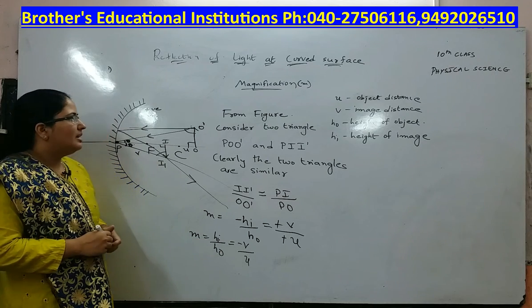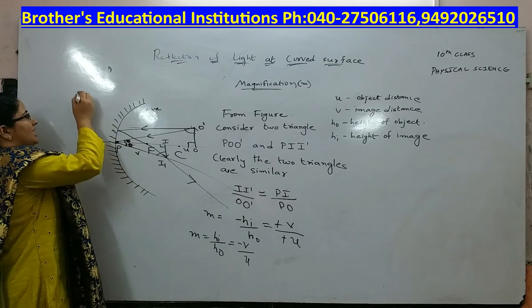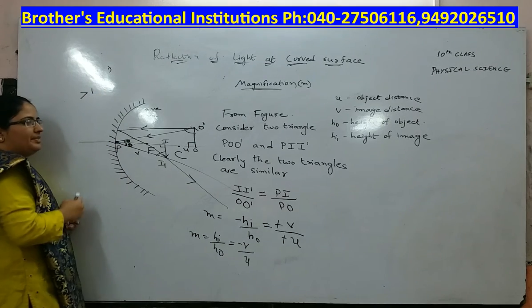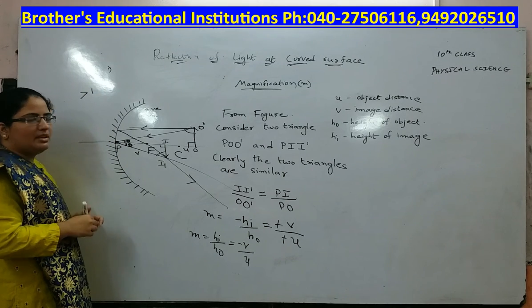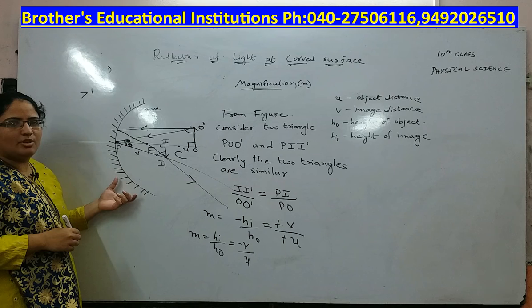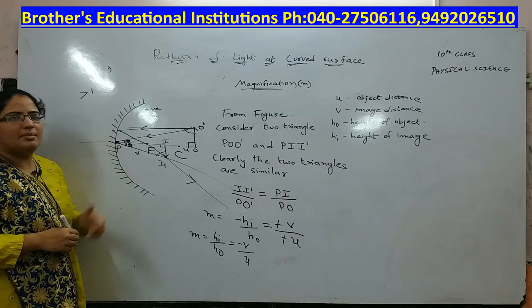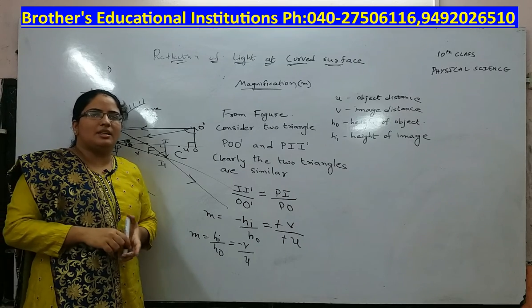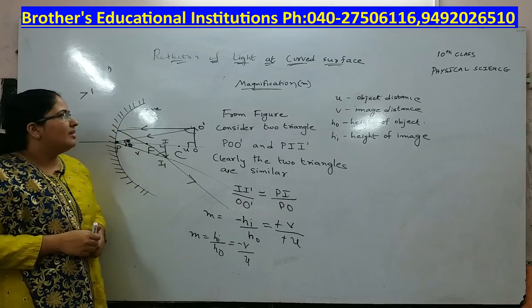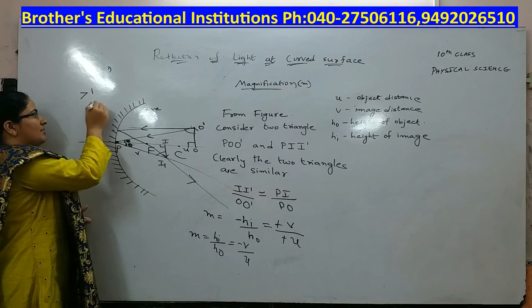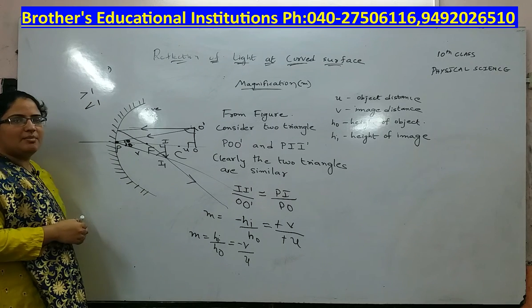Suppose you get a magnification greater than 1, that means the size of the image is enlarged compared to the object. When you get less than 1, the image is diminished.